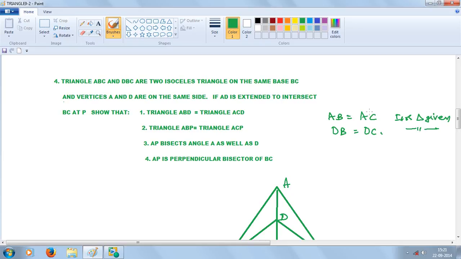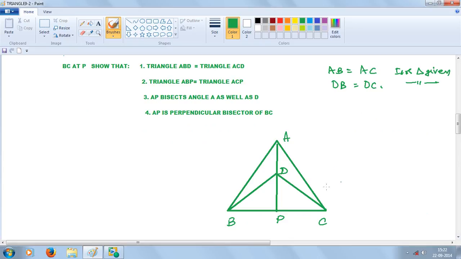If AD is extended to intersect BC at P, so we have made the construction with two isosceles triangles ABC and DBC on the same base.